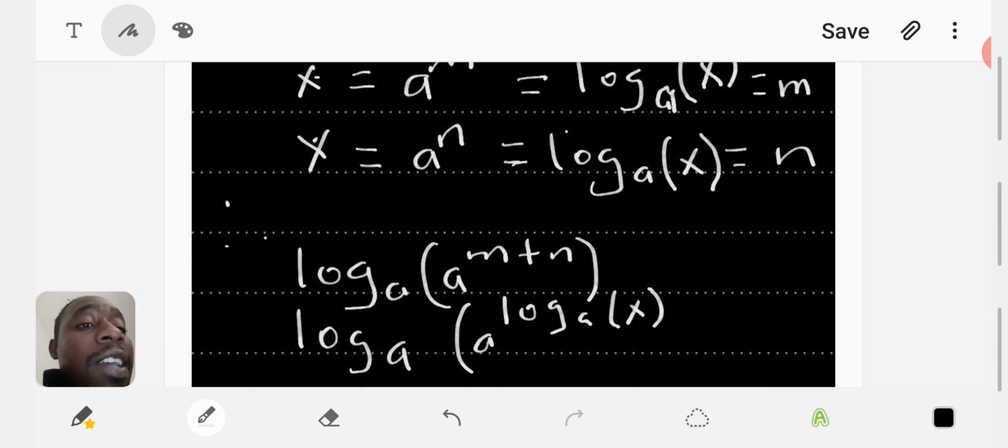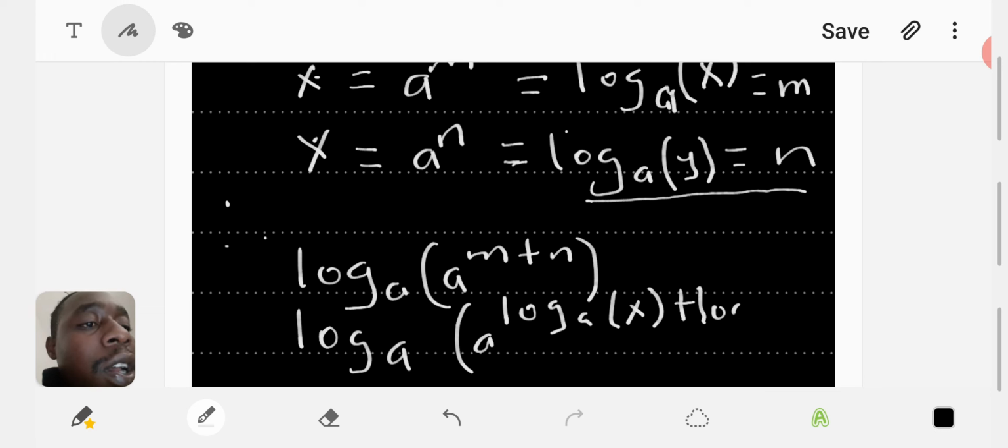then plus, what is our n? Our n is here. n is log to the base of a of y. It's supposed to be y here, guys. Sorry about that. Which is log to the base of a of y, right?